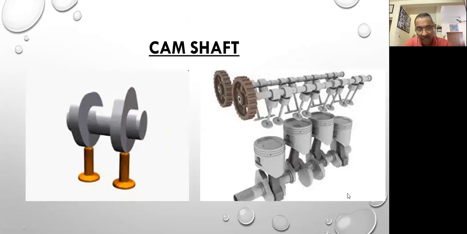That is how we operate the inlet and outlet valves with the help of camshafts. There is a camshaft assembly here, the piston assembly, the crankshaft, then the valve assembly, and all these things.